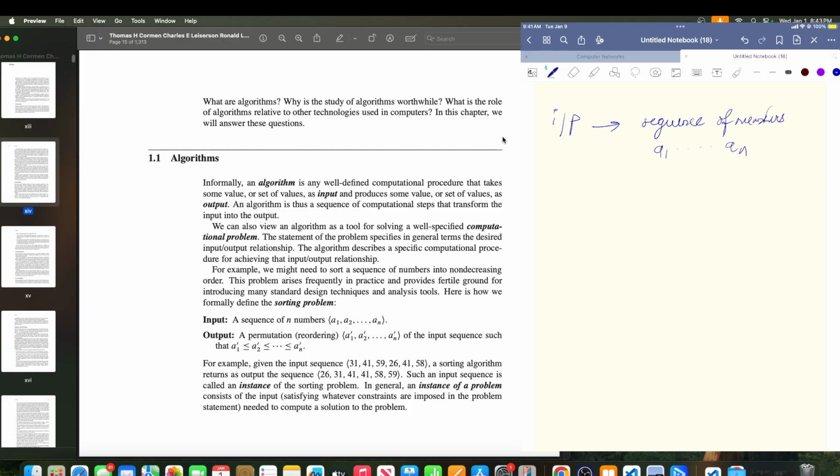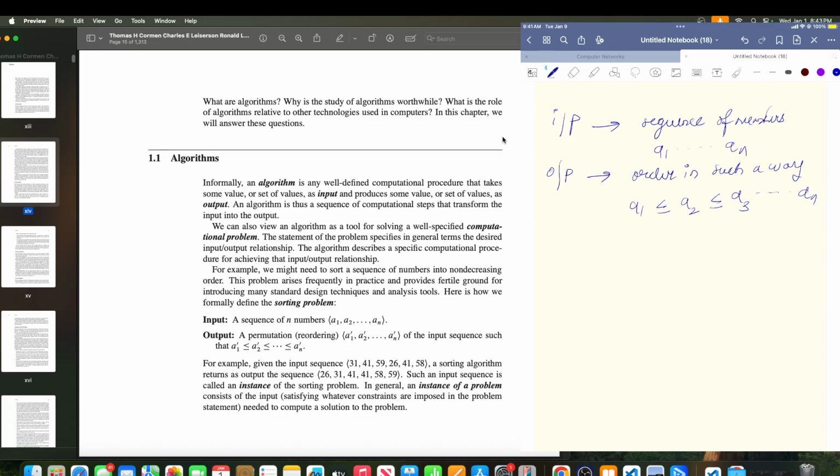The output is a permutation, a reordering, of the input sequence, ordered in such a way that A1 is less than or equal to A2, less than or equal to A3, and so on to the end.